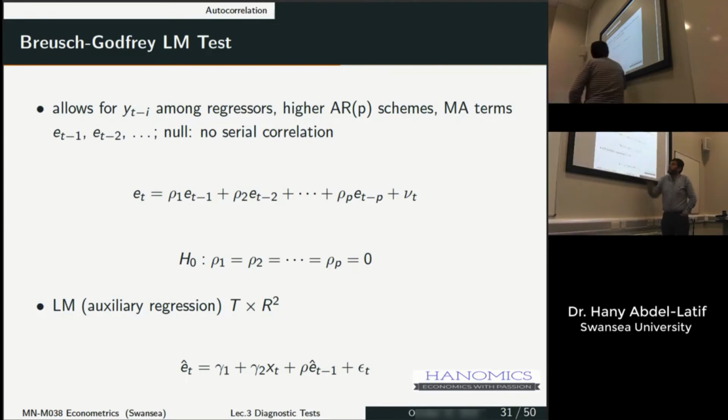So you estimate this model, and your null hypothesis is still the same: no serial correlation, no autocorrelation. That's the null hypothesis, the same as in the Durbin-Watson test.